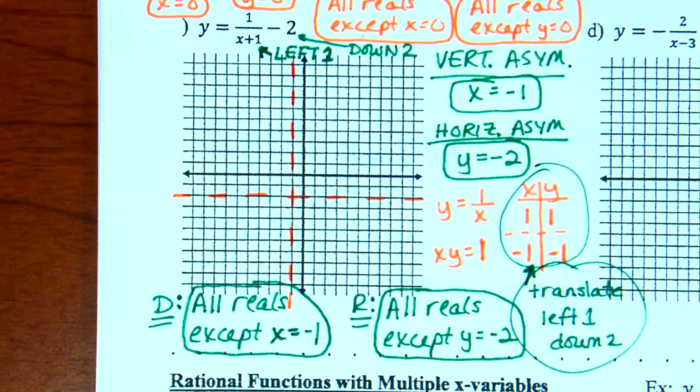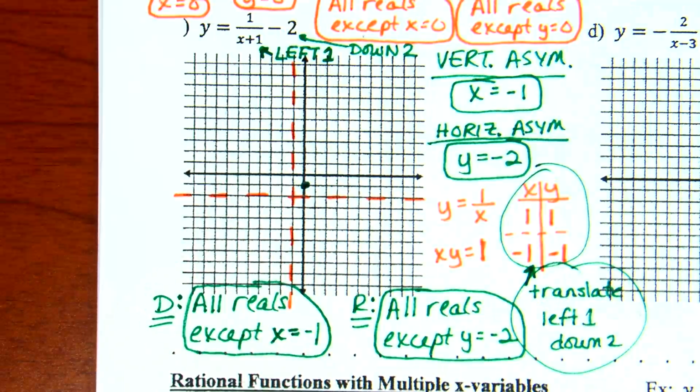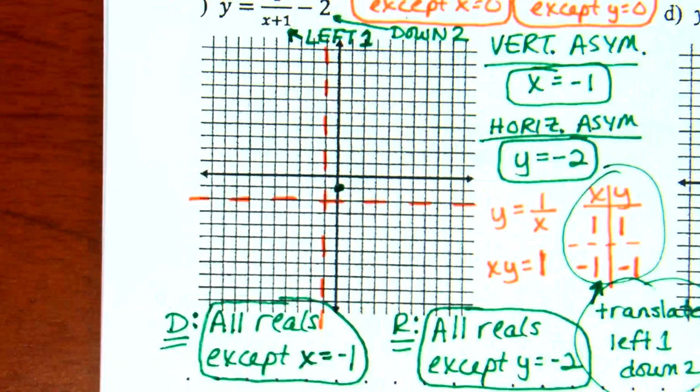Here's what I like to do. Didn't we already move our asymptotes? So normally we would go off of 0, 0. My new 0, 0 are my new asymptotes. So when I say 1, 1, what I like to do is go down to where my new asymptotes are, and from there go right 1, up 1. And that's where my dot ends up. Does that make sense how I'm doing that?